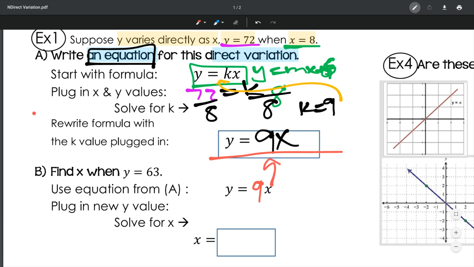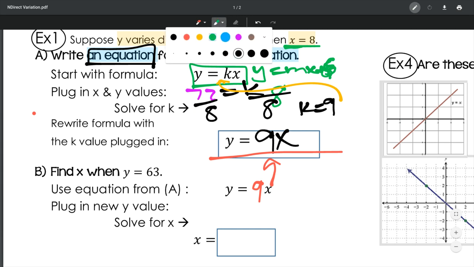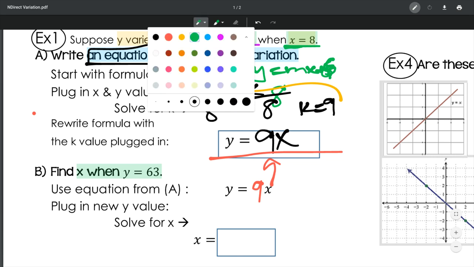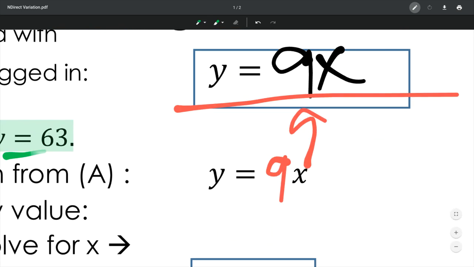And what you end up doing is you're trying to find x. They've given you what the other y is. They've given you what the other x is. Now they're giving you that same line. They're giving you another point. They're giving you the y value, and they want you to find the x. So what you're going to do is you're going to drop this new y value in.